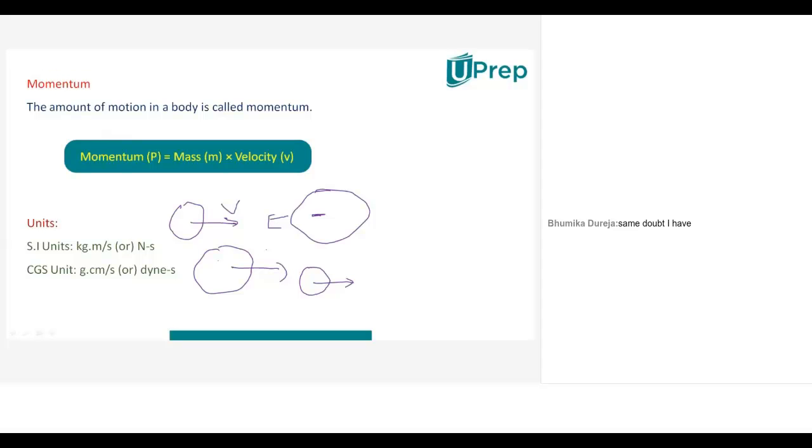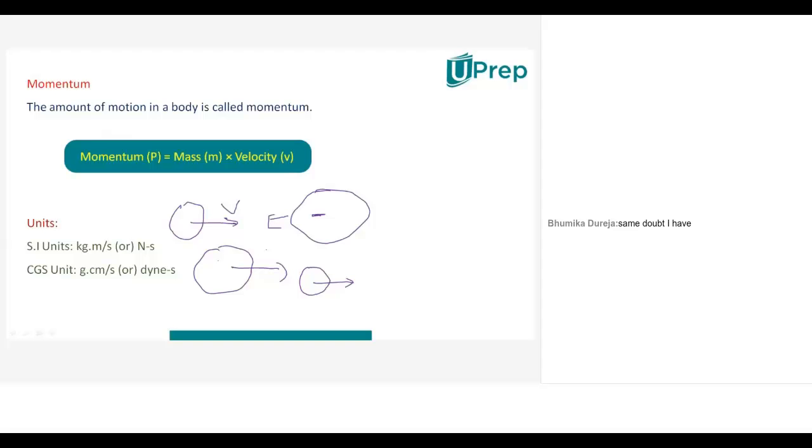Sir, I was asking this because it came in the test. Horse and a calf. Calf. Okay. Now, which will have more momentum? Tell me which will have more mass, whether horse or calf?